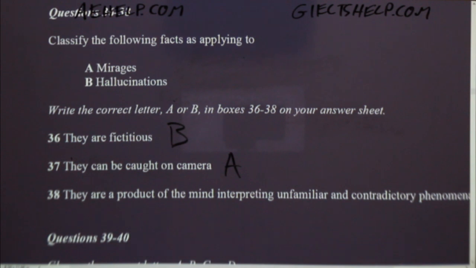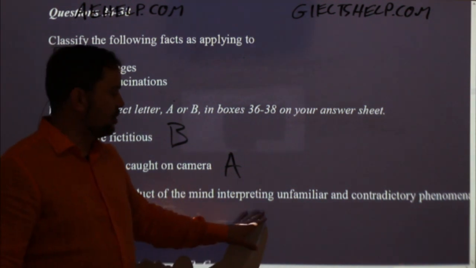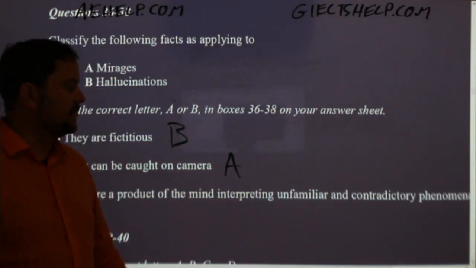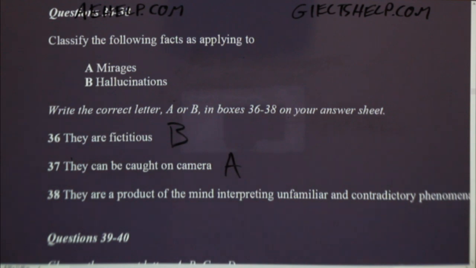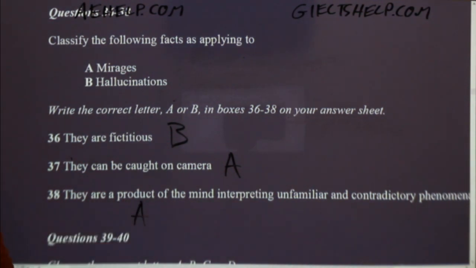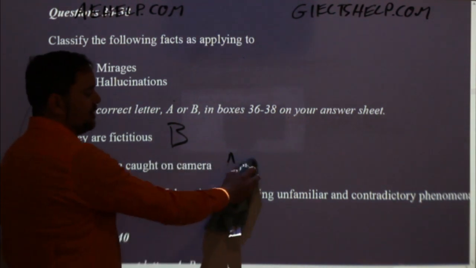I would say that number 38, product of the mind. So the mind is making it up. It's interpreting. So it's trying to understand something that's not familiar and something that's opposing. So maybe a mirage. Okay. I would say not a hallucination. But again, if I'm not sure, I can go back to the passage and check that in paragraph B.